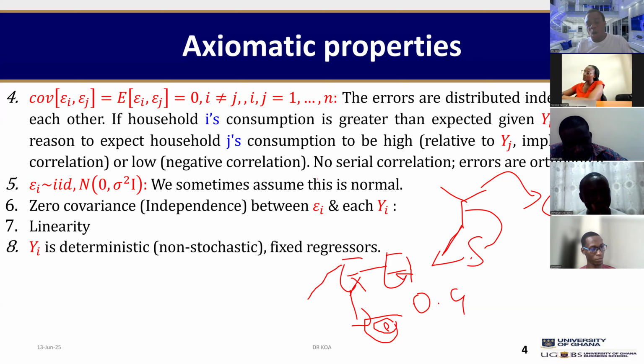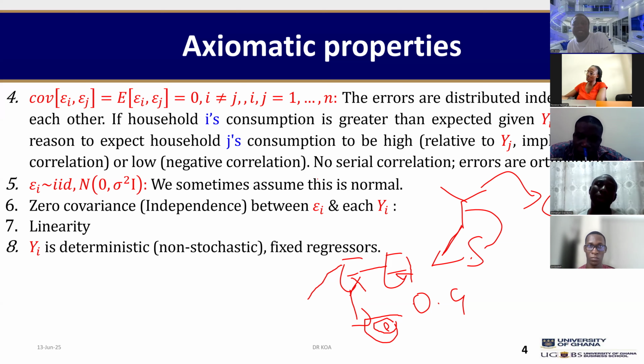Take note. All exo are independent, but not all independent are exogenous. Why? Because some of the independent variables are also endogenous because they are correlated with the errors. And some of the independent variables are multicollinear because they are correlated with other independent variables. So that is the essence of this.